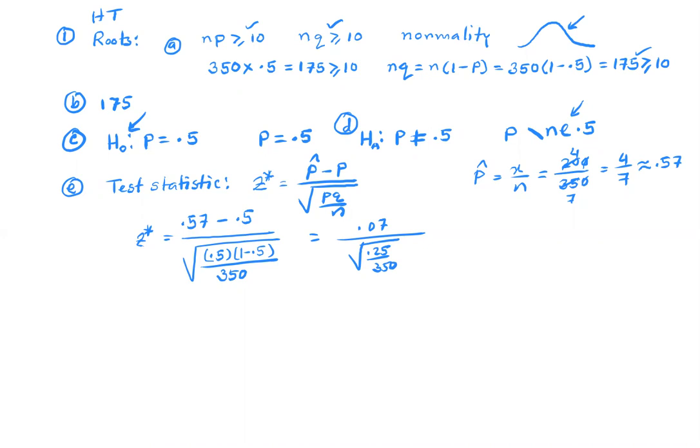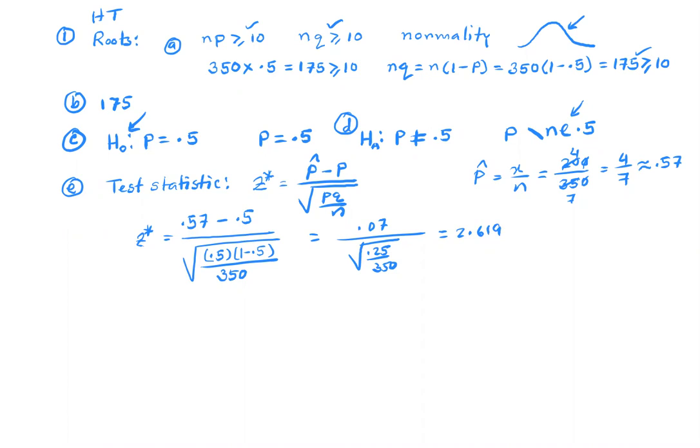So 0.07 divided by that is 2.619. Okay, that's what I got.